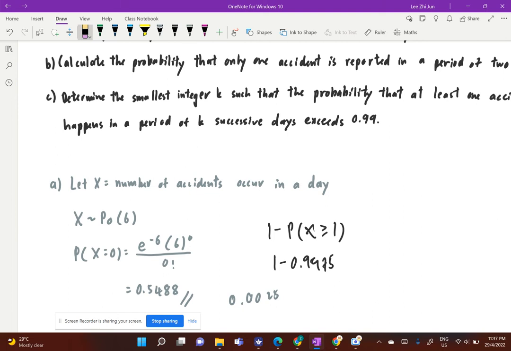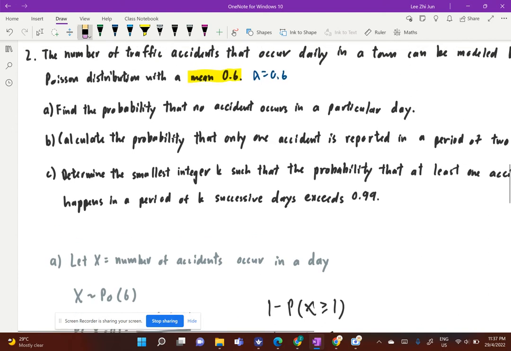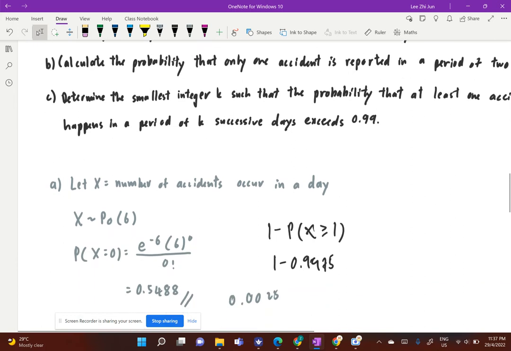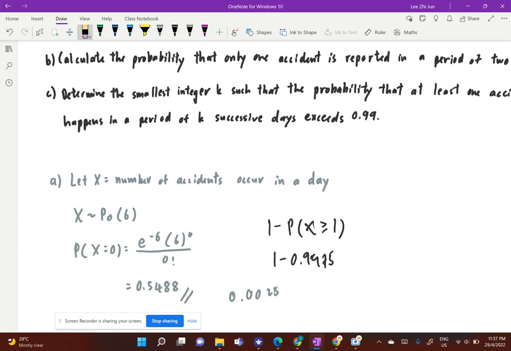Just let me confirm it. 0.5488. Oh, sorry, the mean equals 0.6, so I am correct. Sorry for my mistake. Okay, that scared me.